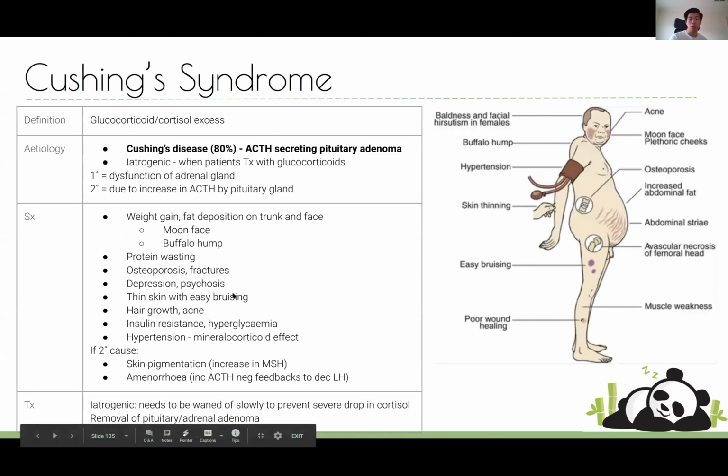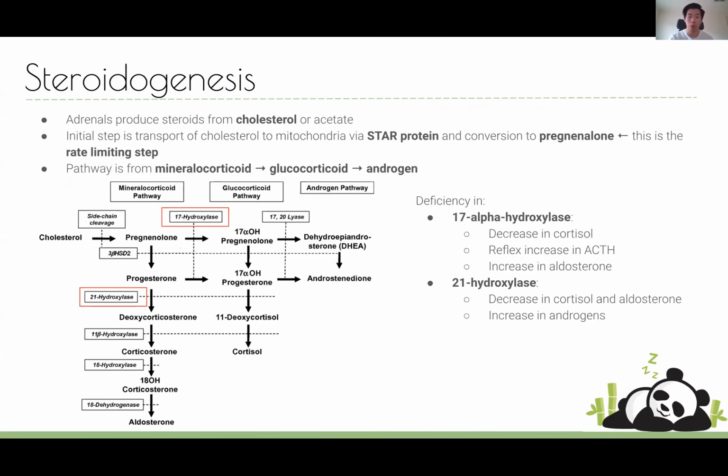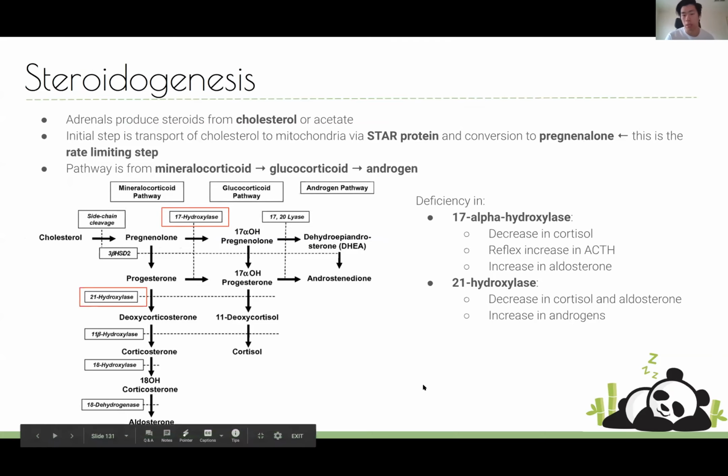Just to quickly add something before we move on too far. The steroidogenesis stuff from before, when Jay was talking about the 17 alpha hydroxylase deficiency and the 21 hydroxylase deficiency, that's also called congenital adrenal hyperplasia, or CAH. Basically it's because of the end products that they can cause, so think about it as a kind of blockage of what comes next.